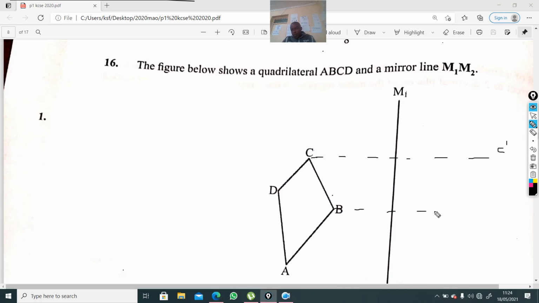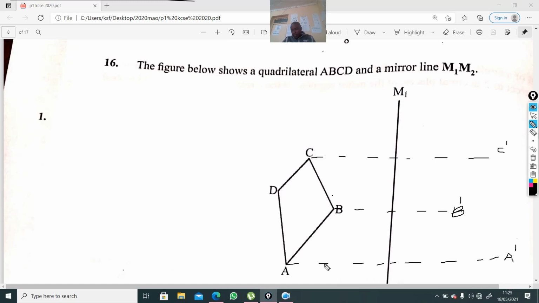You measure, you continue, you find it. Let's say it is here. Call it B image. You continue from here to the mirror line. You measure the same distance. You find here. You call it A image.